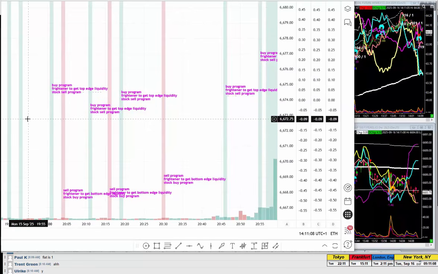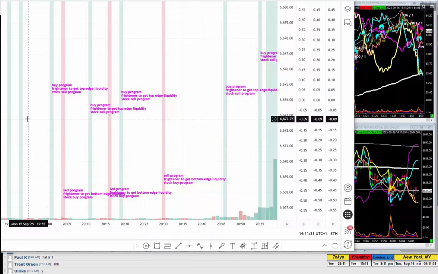So we start looking for these, and we obviously try and build a reason why it might be. And the good thing is, for the stock buy programs or sell programs, we can simply use our mega cap stocks, because a lot of these program trades are going to be in the megas, right? If you start moving the megas, you build up a hell of a head of momentum.